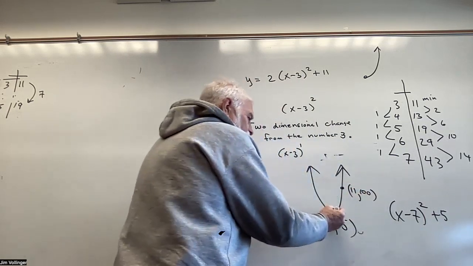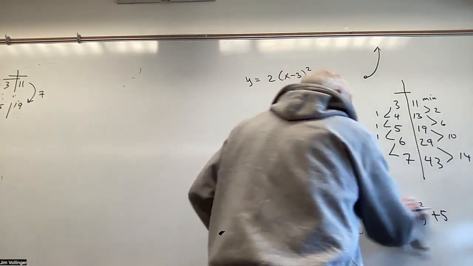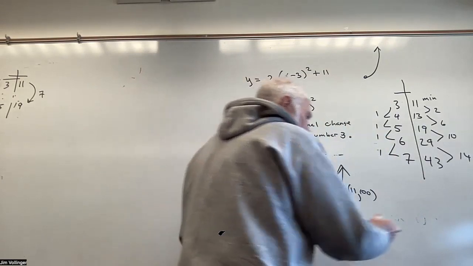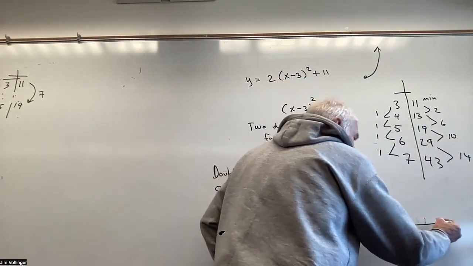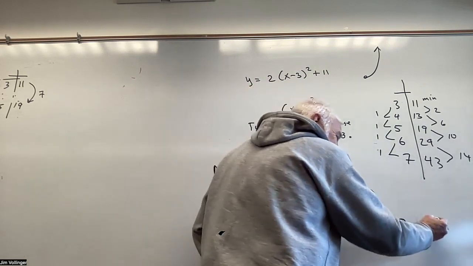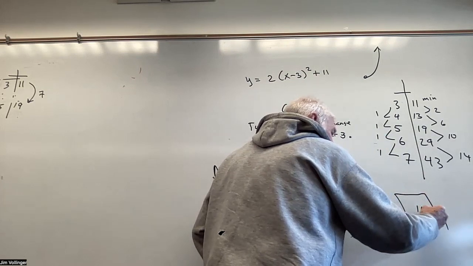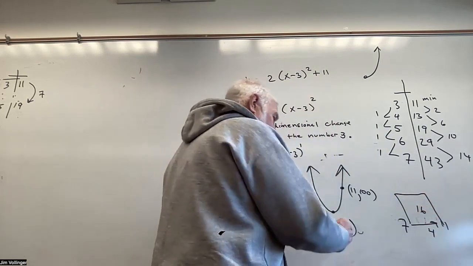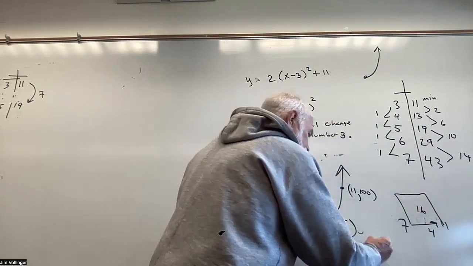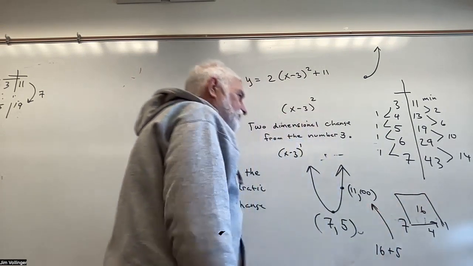Okay, new problem. Well, measuring from 7 to 11, that's linear change. Before the quadratic change is 16. And I don't think 16 plus 5 is going to take me to 100.